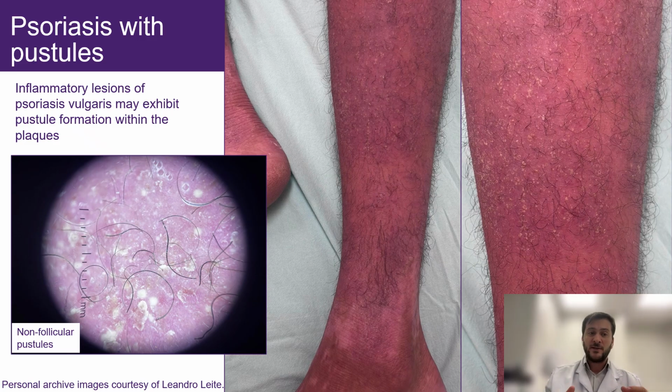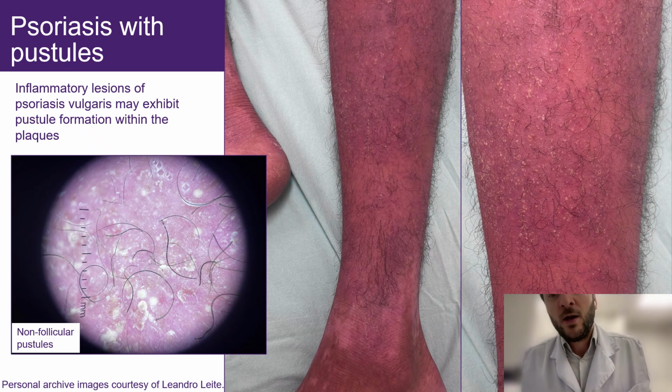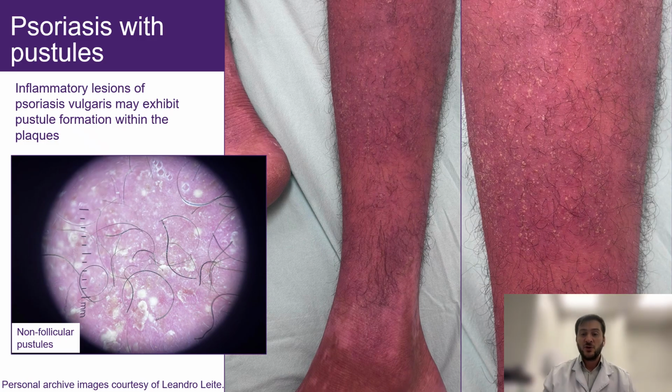The point is that when we see a lesion of plaque psoriasis, it's usually a lesion with erythema and scaling, but sometimes plaque psoriasis may, during episodes of intense inflammation, exhibit marked neutrophil chemotaxis leading to pustule formation.